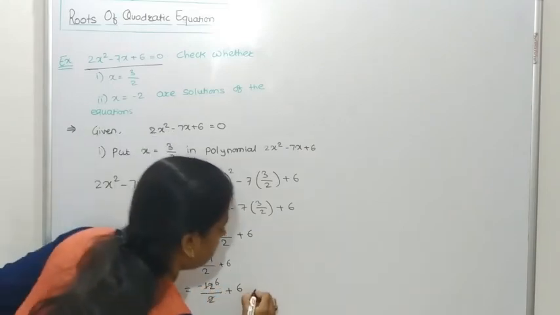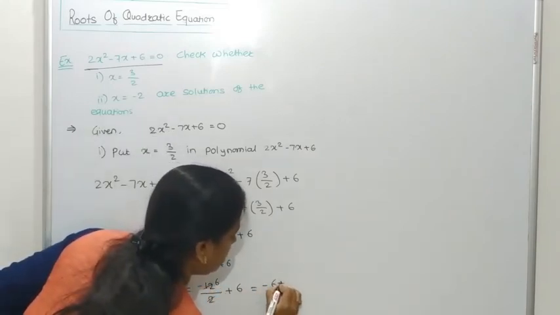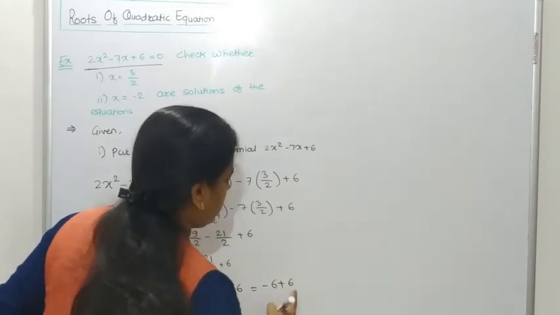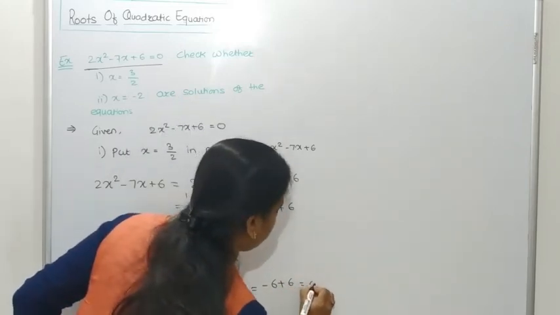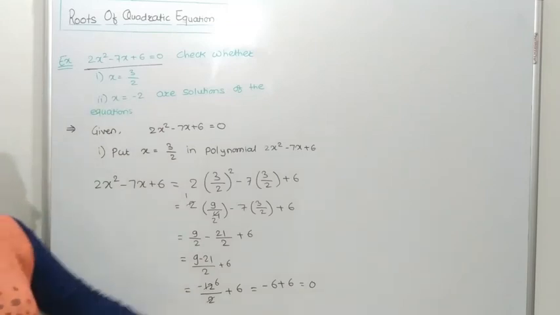Then what is the result? That is minus 6 plus 6. So minus 6 plus 6 gives 0. We get 0 here.